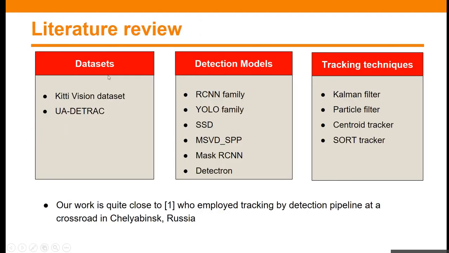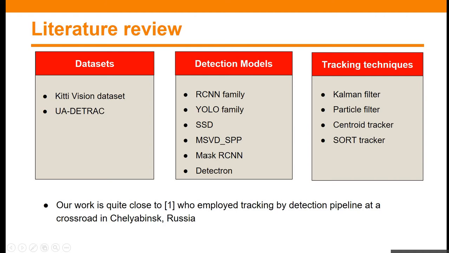So in the literature review, we can see some datasets for vehicle detection and tracking, the KITTI dataset and the UAD track dataset. But in our case, we find the UAD track dataset very good because it represents crowded and crossroad scenarios. In the field of detection, we have several available options like the RCNN family, SSD, YOLO, mask RCNN and Detectron, but most of these algorithms are slow.